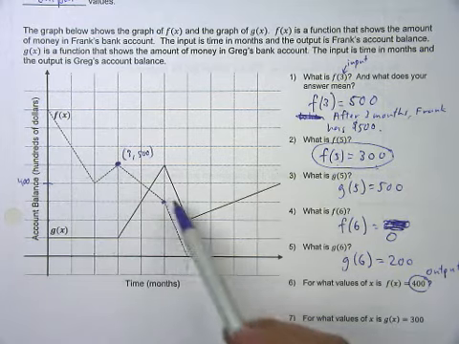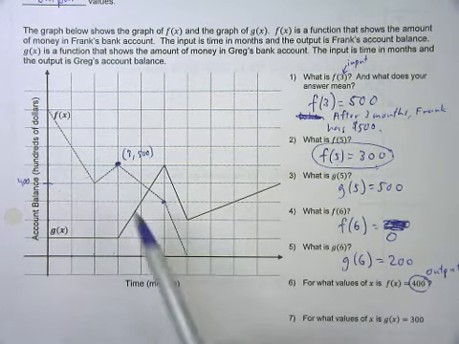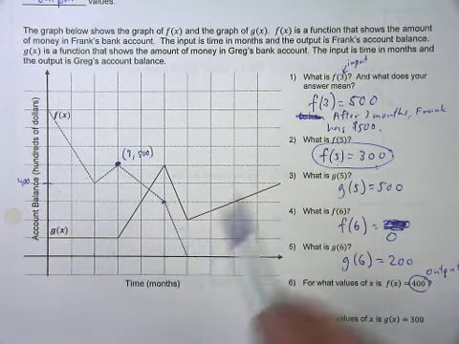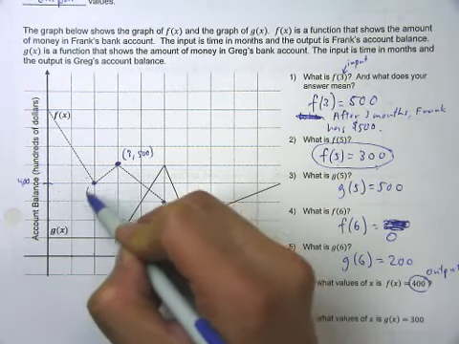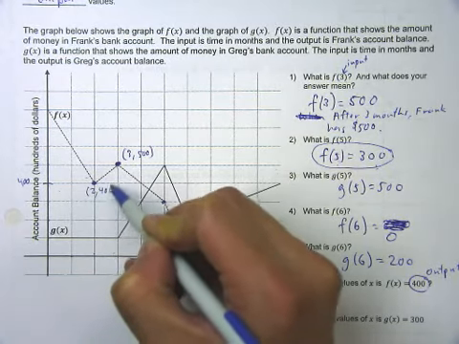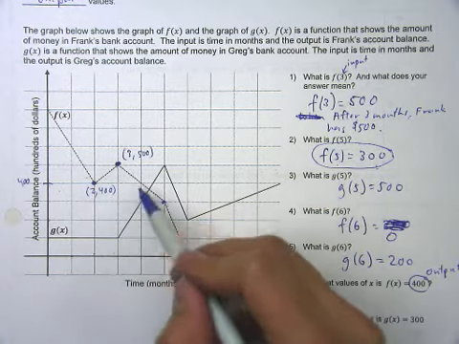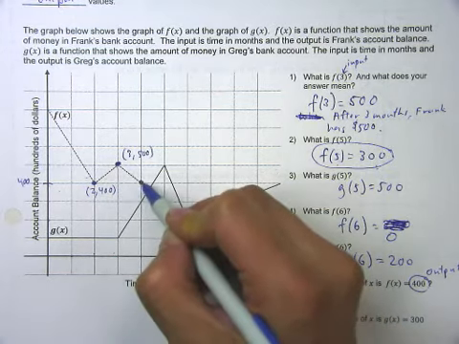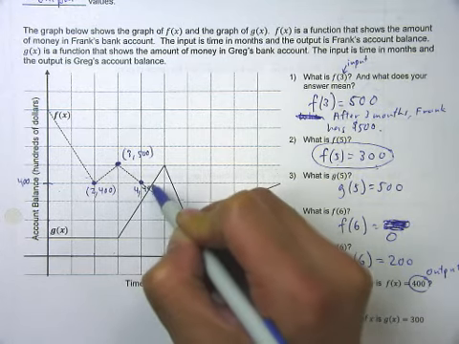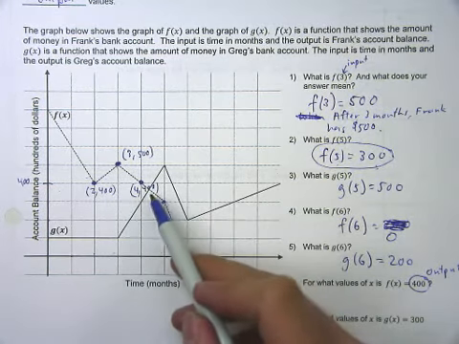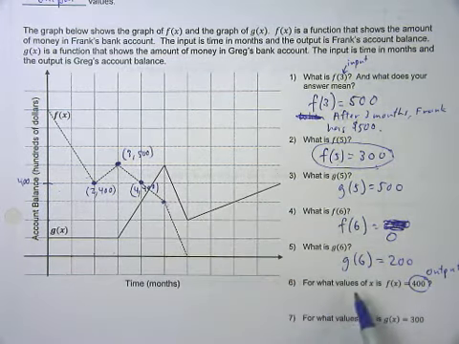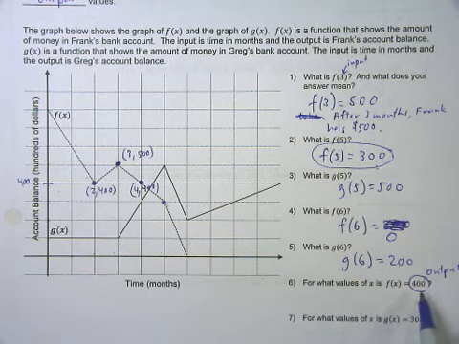So for our f function, when is the output 400? Well, right here I see that at 2 months he has $400. But then there's also another time. His money goes up and then comes back down. At 4 months he also has $400. So for what values of x is f of x equal to 400?